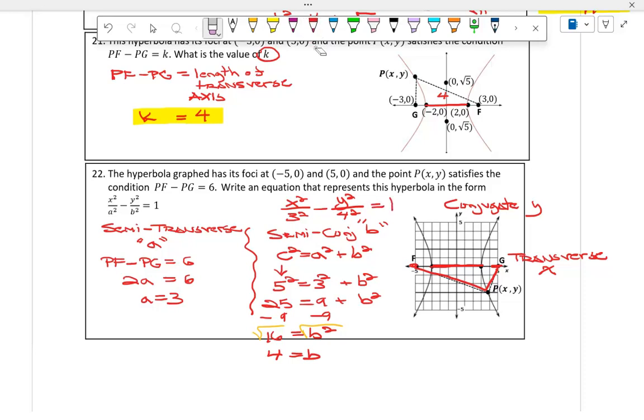And this shouldn't be a plus, it should be a minus. Right? So my overall answer then is x squared over 9 minus y squared over 16 is equal to 1.